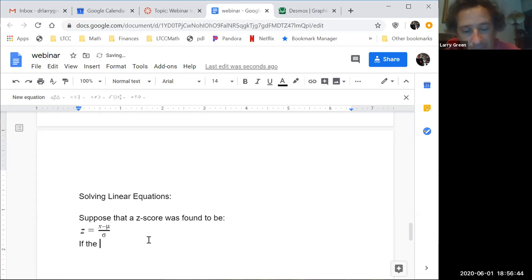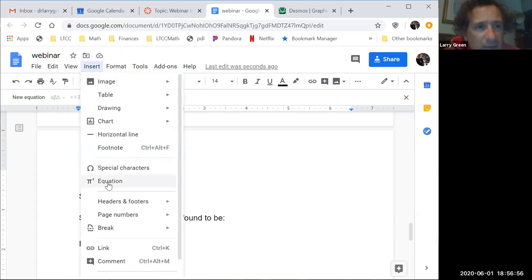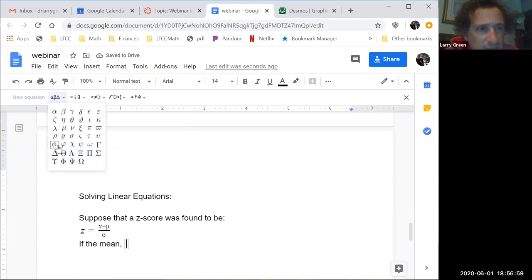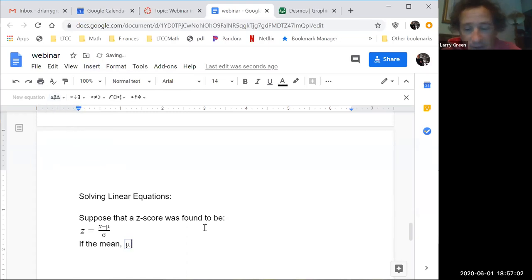If the mean mu for the weight of a cat is 4.5 pounds.